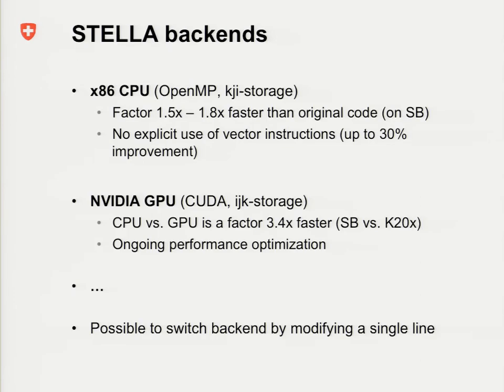I'd like to focus more on the other part, but basically the punchline is that using this library, we have 2 backends, one for CPU and one for GPU, and within the library, we can change the parallelization, we can change the storage, and basically it's possible to switch between the backends without modifying the user code. So without modifying the dynamics code, you can actually switch between different hardware architectures and different optimizations.